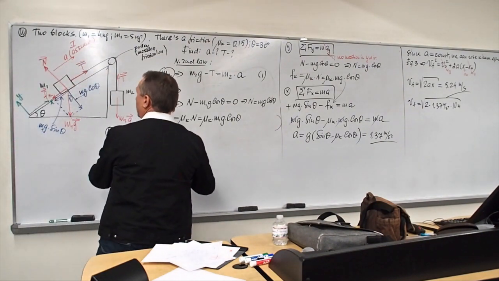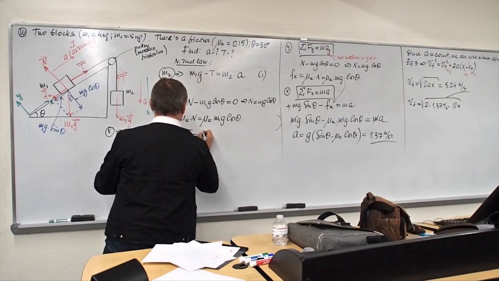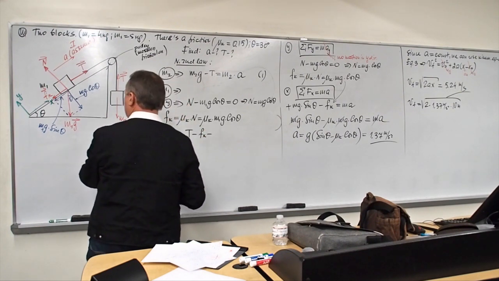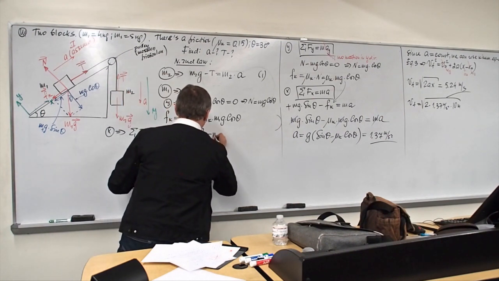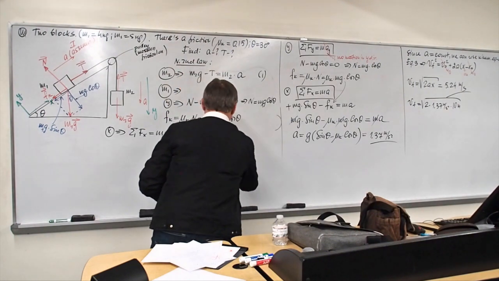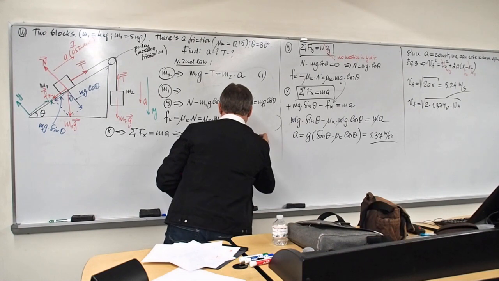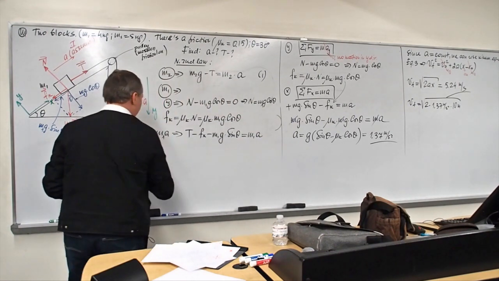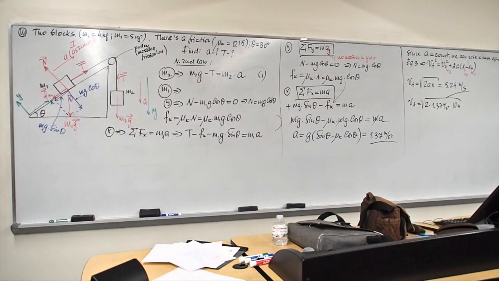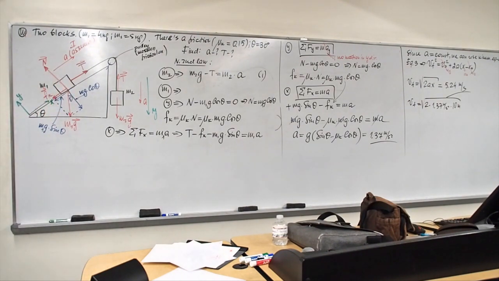So T minus fk minus m1 g sine theta equals m1 times acceleration. And again, here subscript 1. Okay, so now let's plug in the friction force.